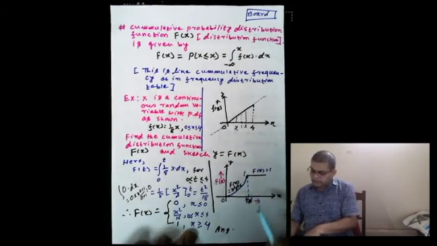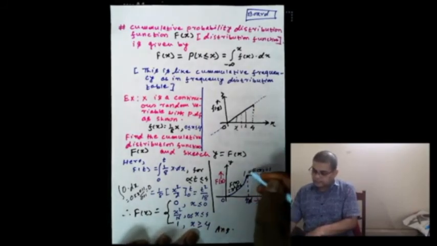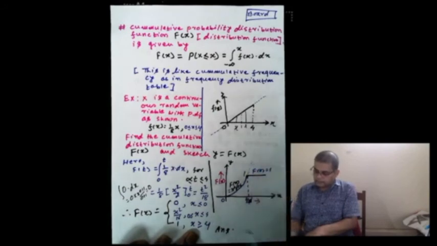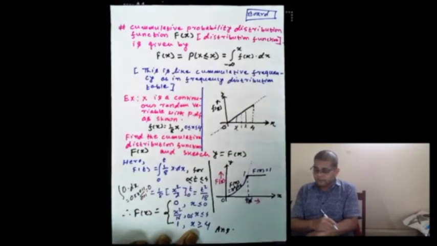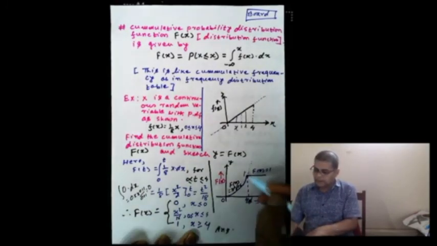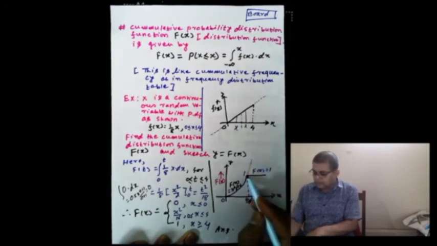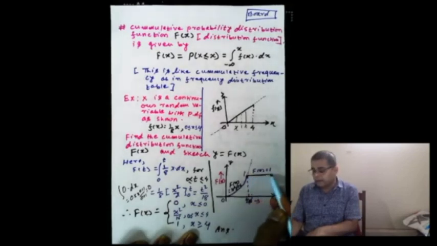After that, even if you consider values greater than 4, although the curve has a path like this, the total probability cannot exceed 1 because of the definition of probability. Therefore, instead of considering this part of the curve, all values for x greater than or equal to 4 will be equal to 1, and this is the reason why there is a straight line after this.